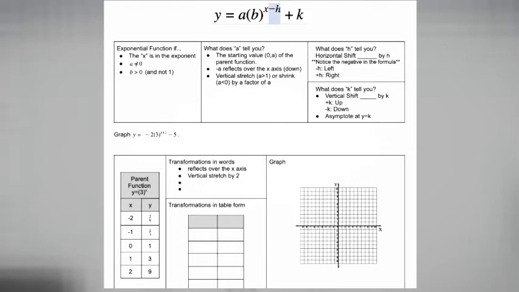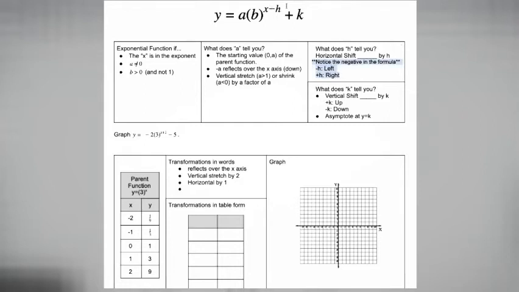Now I need to identify my h and my k. So my h is up here, plus 1. So I know it's something by 1, and I know it's a horizontal shift because it's attached to the x. Now the tricky thing is, is it going left or right? Well, notice the negative in the formula.